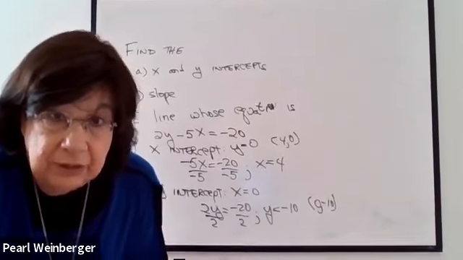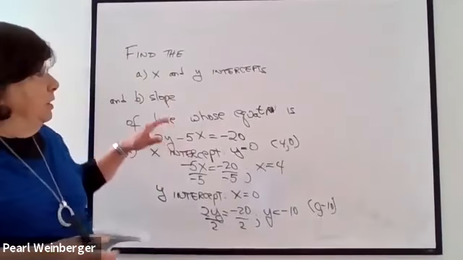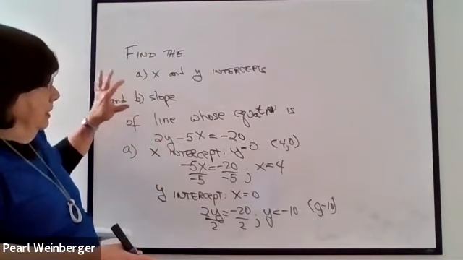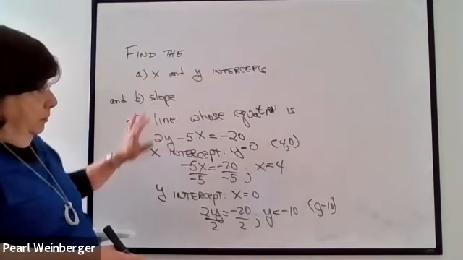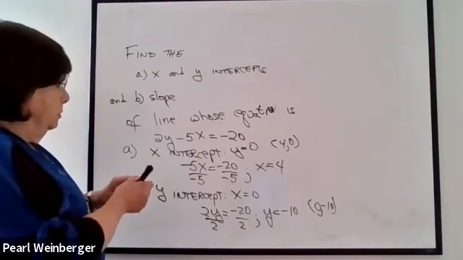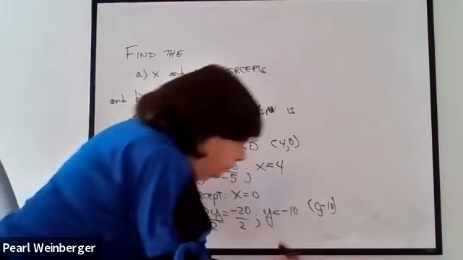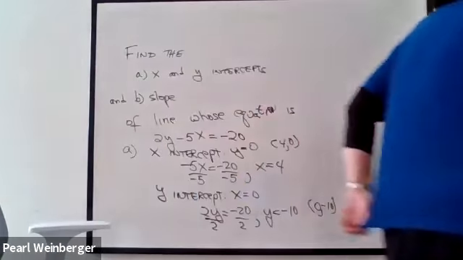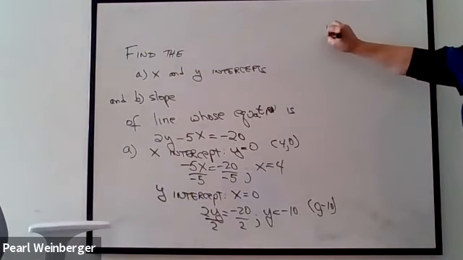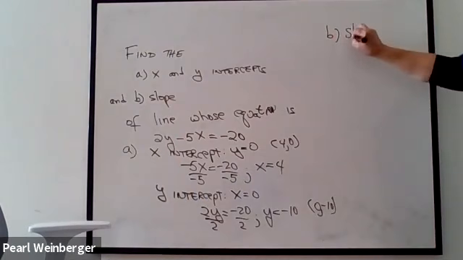Now let's look at the second part of this question. How do we find the slope of the line? So if we want to find the slope of the line, I'm going to go over here and do it on this part of the board. So here we're at B, and we want to find the slope.